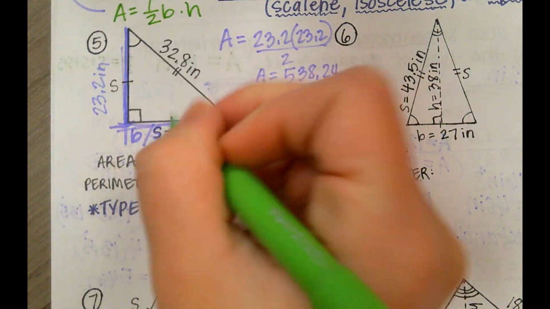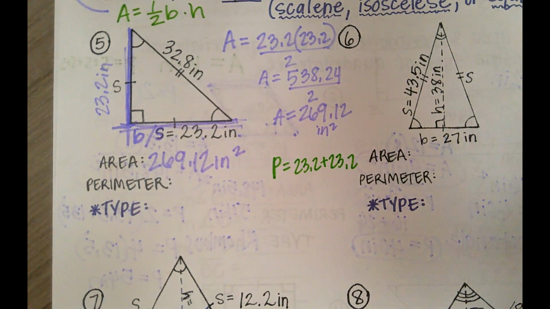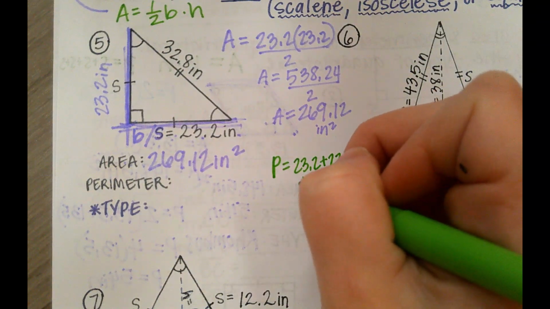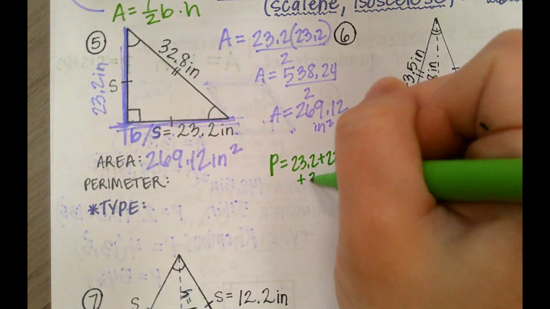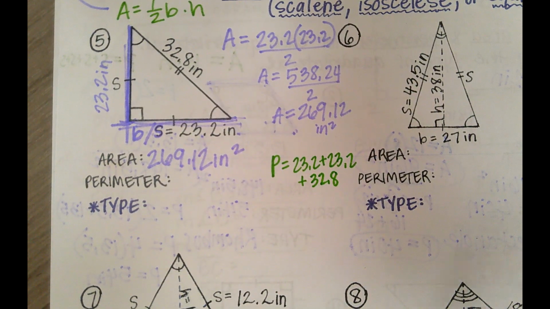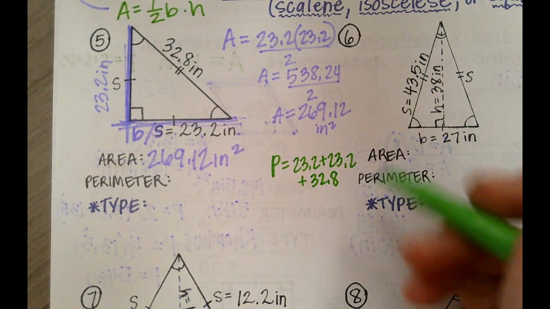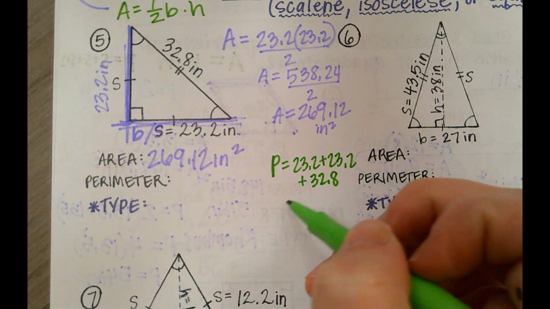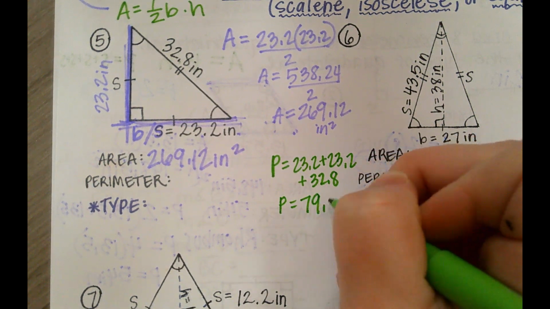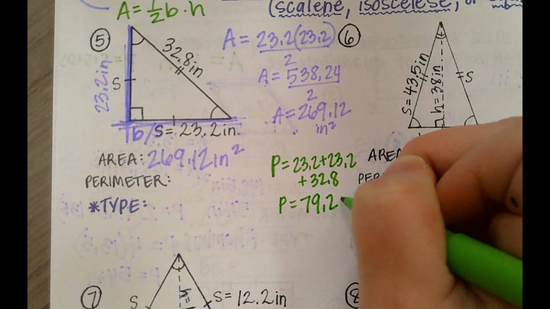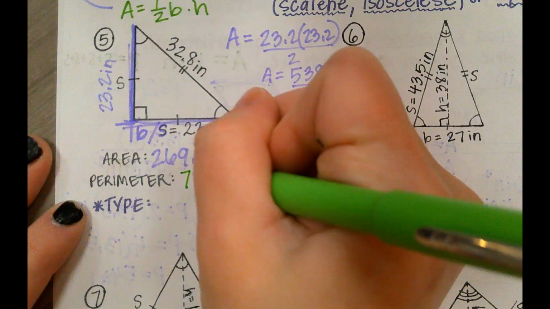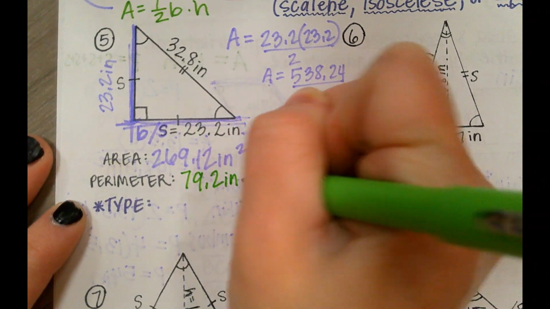We're just going to add the three side lengths together. That's what you'll do for every one of these. Add all the sides together. Let's see what that gives us. 79.2. Perfect. 79.2. What are our units? Inches. Good. 79.2 inches.